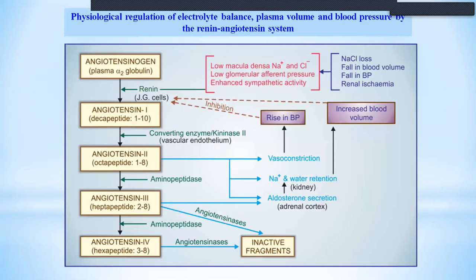This is the physiological regulation of electrolyte balance, plasma volume, and blood pressure by the renin-angiotensin system, also known as the RAS system.